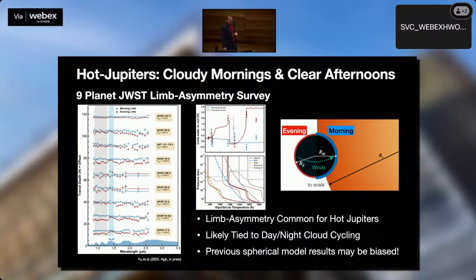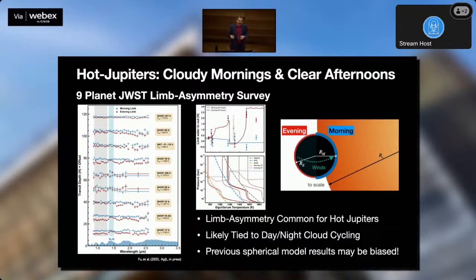Here are the first 9 planets for JWST. We're looking at limb asymmetry. And you can see for all of these planets, the morning spectra in blue and the evening spectra in red. Throughout, it's a pretty common trend that the evening limb is the one that's pretty clear, and the morning is very cloudy and has high altitude clouds.